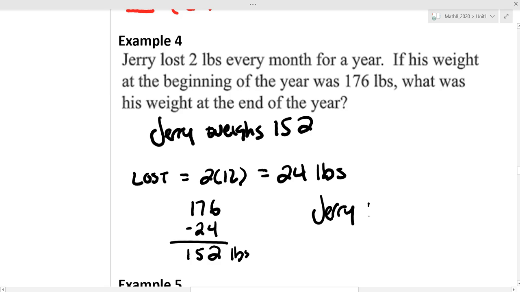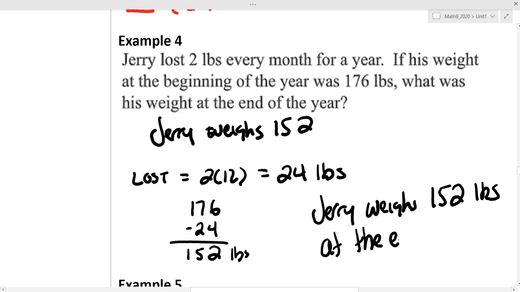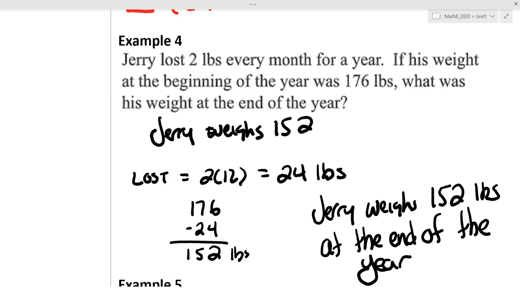Jerry weighs 152 pounds at the end of the year. Okay. So all those components are in there. Just giving me the 152 won't give you all the marks in the question. So give me the sentence and show me the math, right?